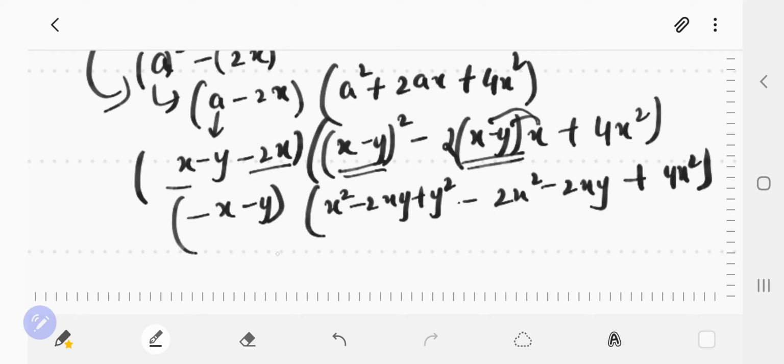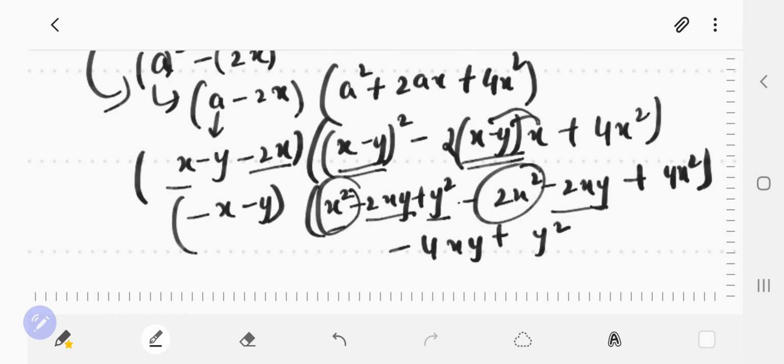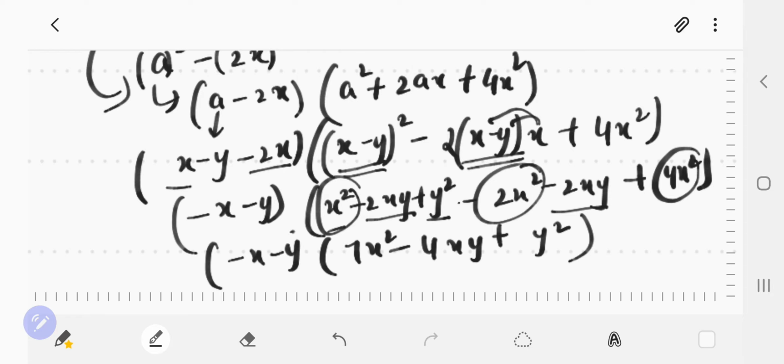Got my point clear? Further, keep the 2xy together, so it will be minus 4xy plus y square. This x square, 2x square and 4x square will be 7x square, and keep minus x minus y together. Clear? So that will be your answer.